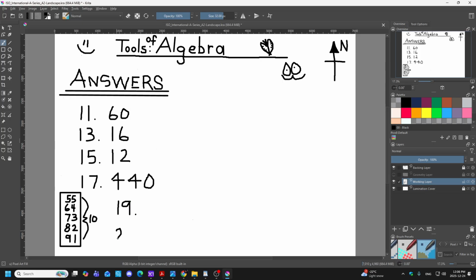19 and 21. 19 is 4.8. 21 is 60. And 23 is 46.8.